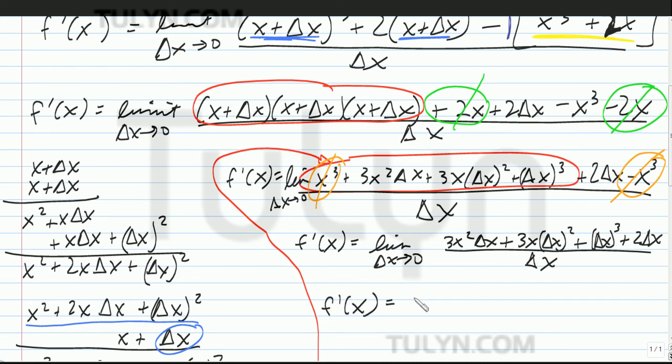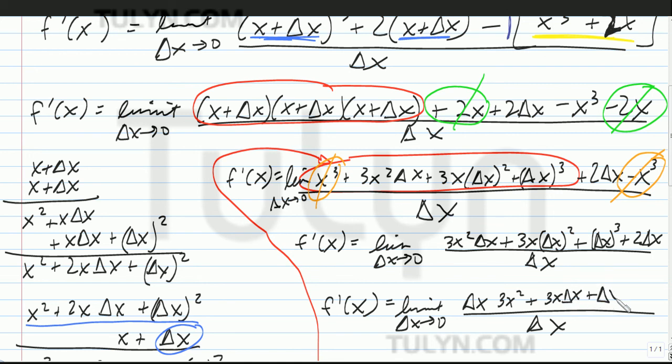F prime of x equals the limit as delta x approaches 0. Now what you're going to do is just factor out delta x in your numerator and keep delta x in your denominator, right? It's going to be 3x squared plus 3x delta x plus delta x squared plus 2.